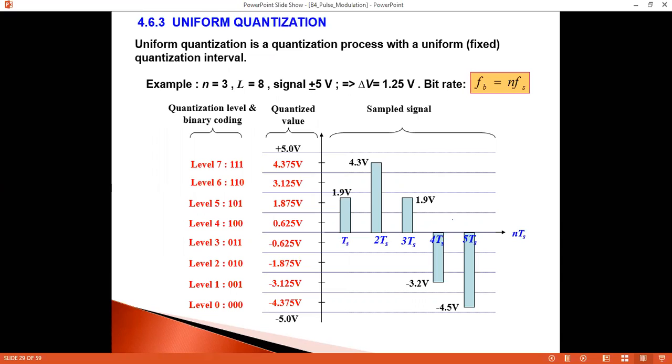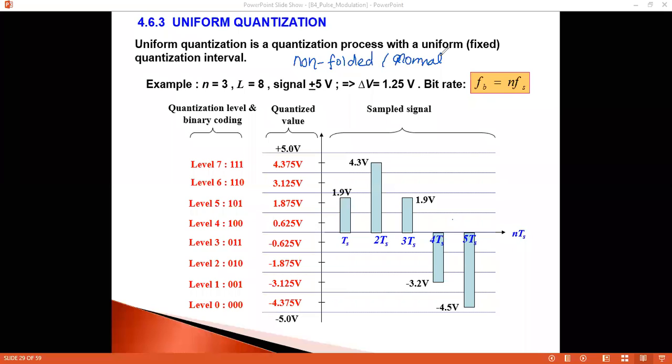And here is the conventional type, also known as non-folded, or just normal quantization. So this is the most conventional, the basic uniform quantization type.